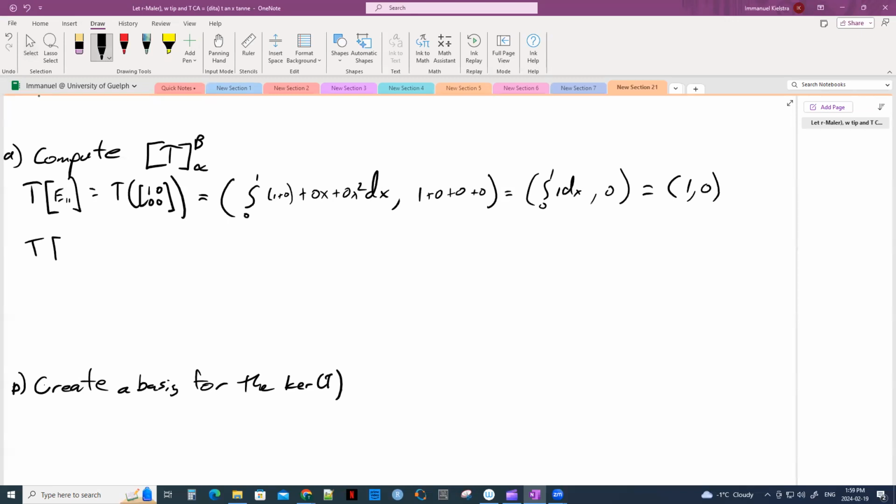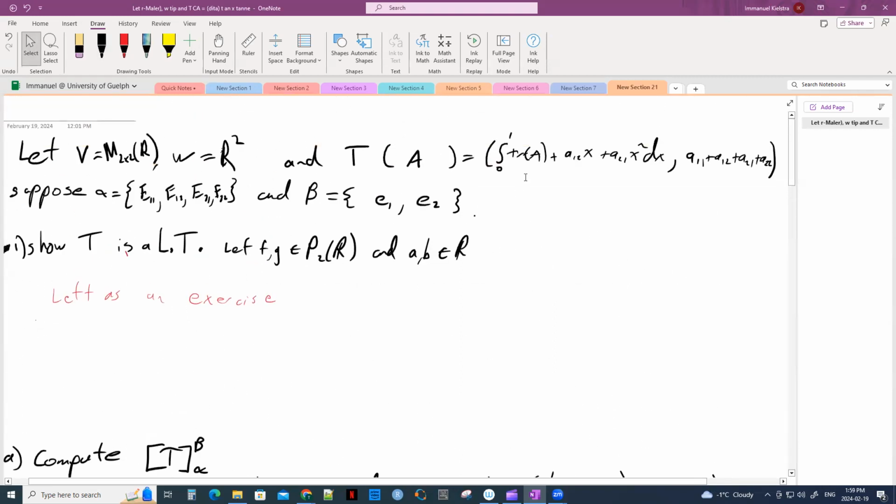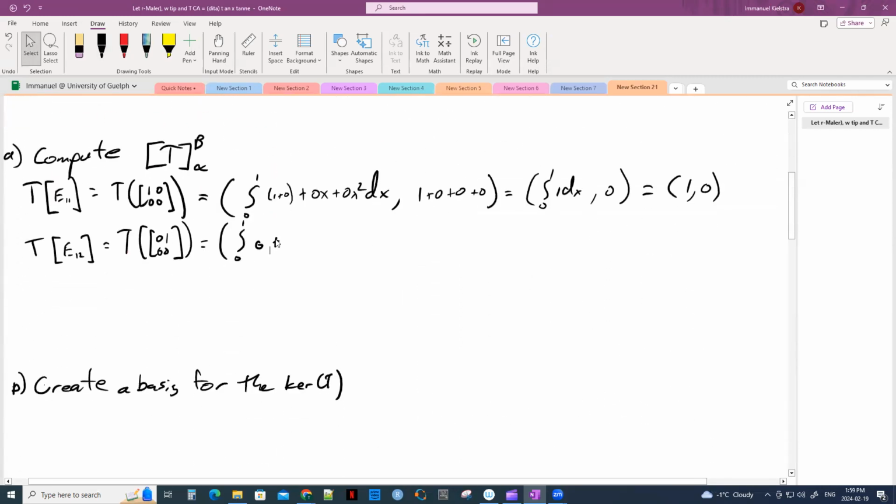Now, when I look at T applied to E12, this is going to be T applied to 0, 1, 0, 0, which is going to be the integral from 0 to 1 of 0 plus, if we go to our linear transformation, A12 is multiplied by x.